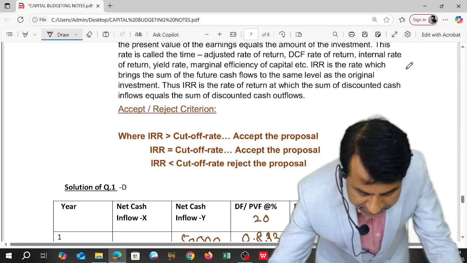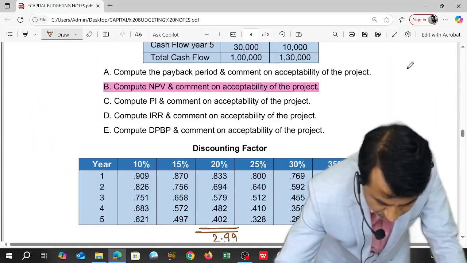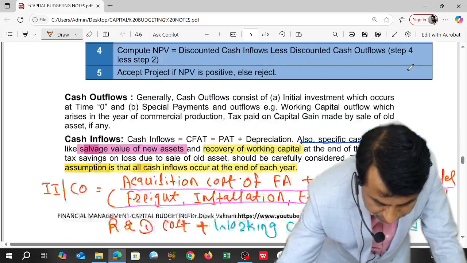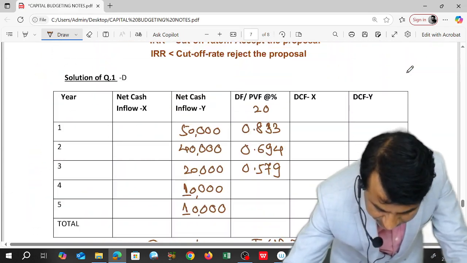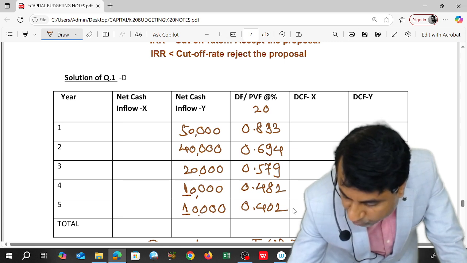I hope I'm right. This is given in the question, so you need not bother. Yes, 0.694, 0.579, 0.482, 0.402. These are the further discounting factors here.